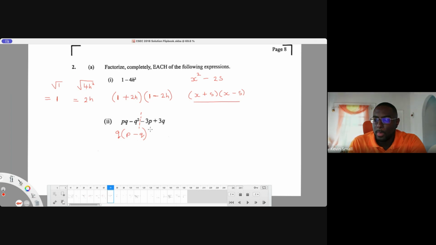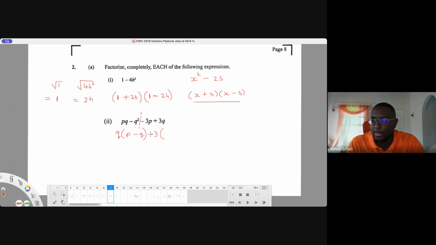Now, I want to force another P minus Q over here on the right. But if I use the factor of 3, I am not going to get what I want. Sorry, I'm going to get minus P plus Q. I don't want that. So I'm going to have to change it from being 3 and make it something else.